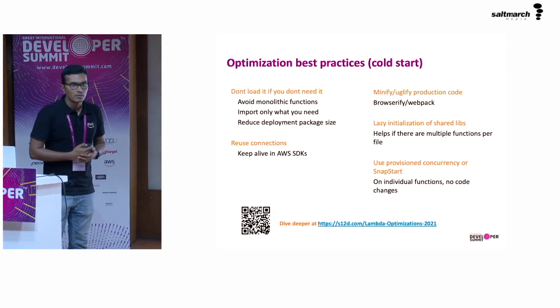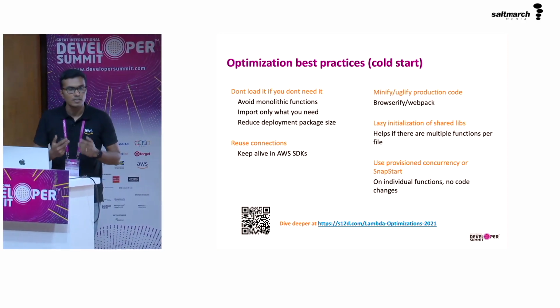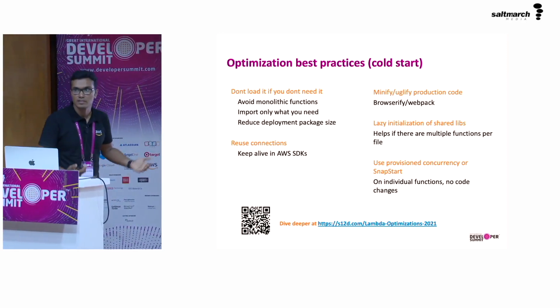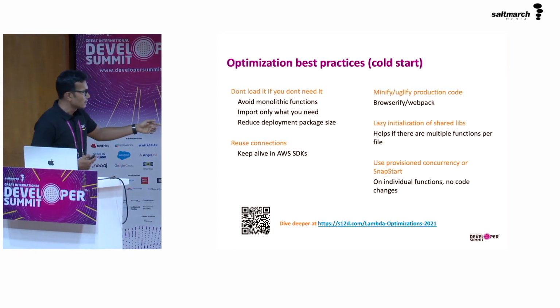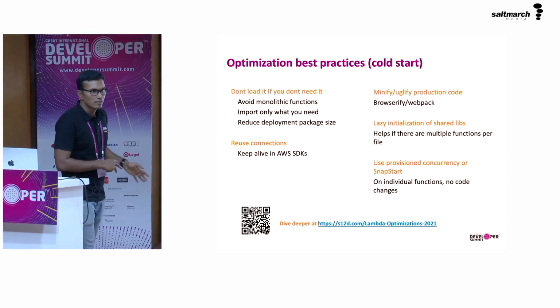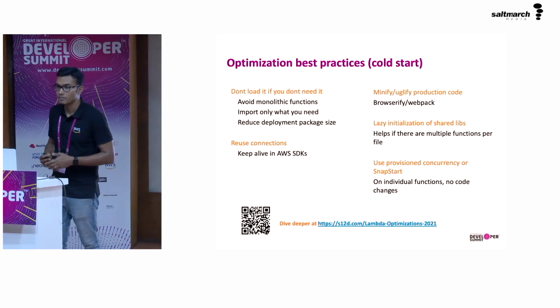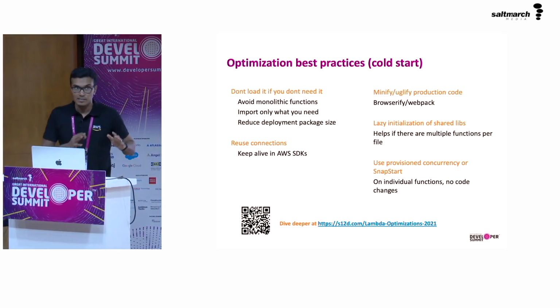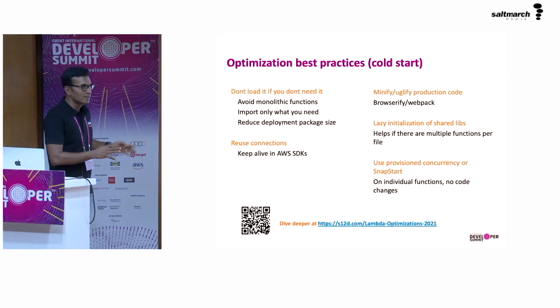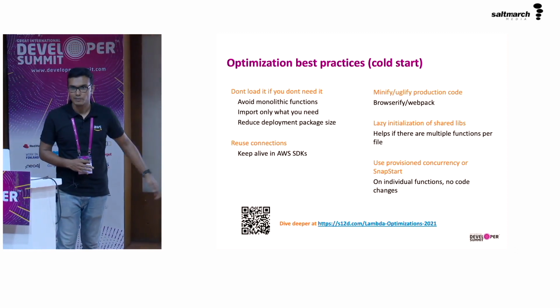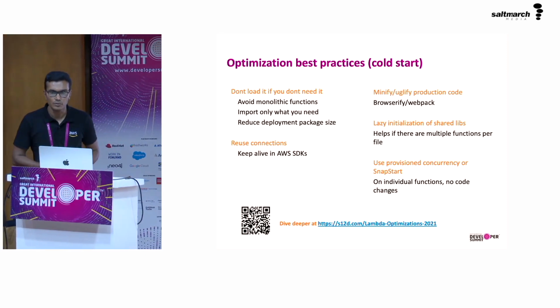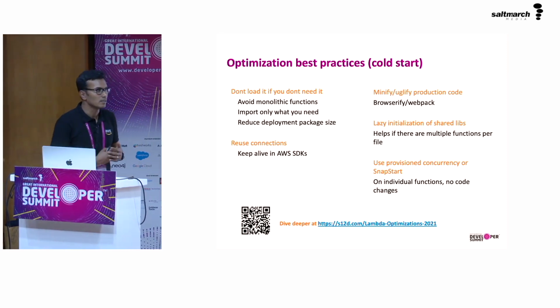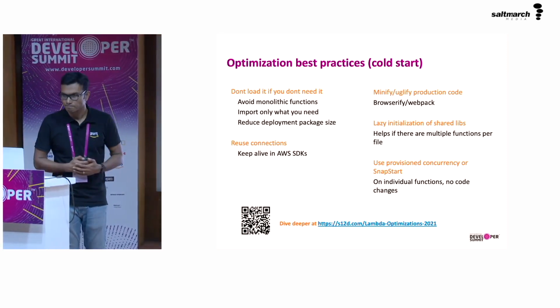Again, minifying your code can massively reduce the deployment package size, which can scale your functions faster. There's also a feature called SnapStart. This is available only for Java, but that can also massively improve your cold start. Now, this itself is a talk on its own. It's a 1-hour talk. So there's a link that I have included in this presentation which talks about many more things you can do when it comes to cold start optimization.